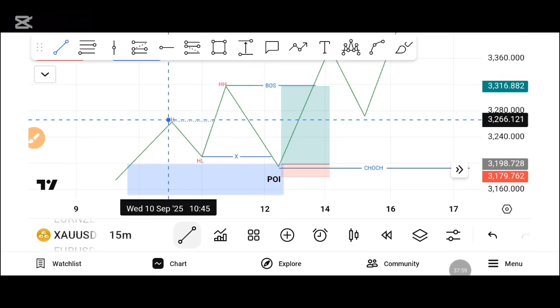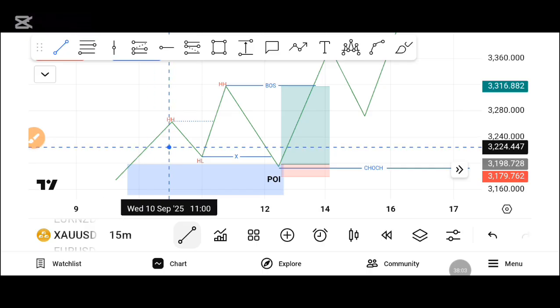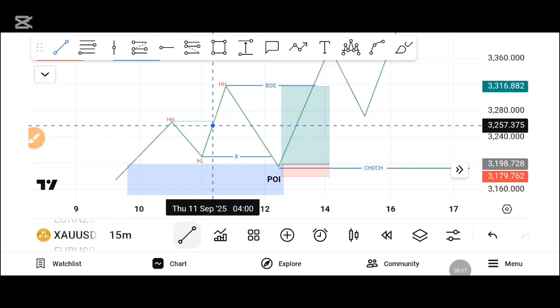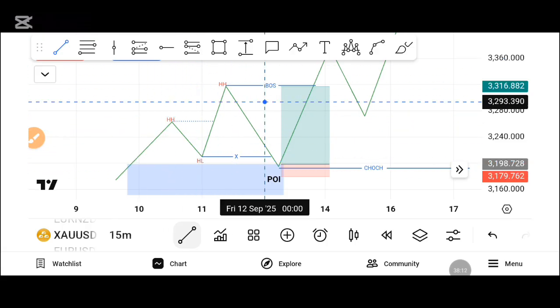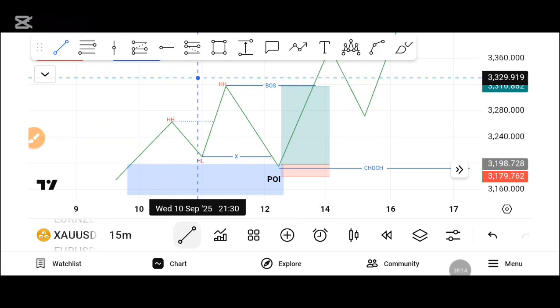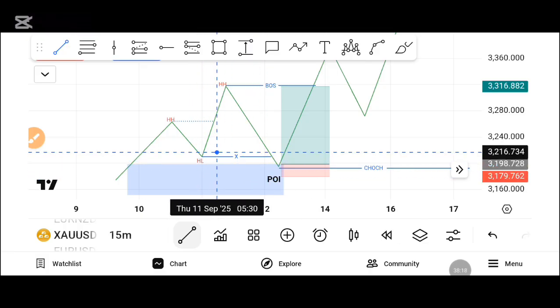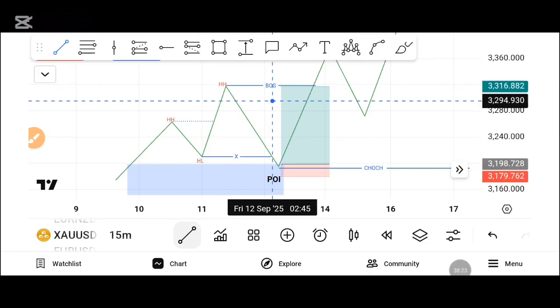The first break does not take any inducement. There was no inducement at this higher high before it broke. But the second break came back here and took out this inducement, took out this low, which now gives us a break of structure.